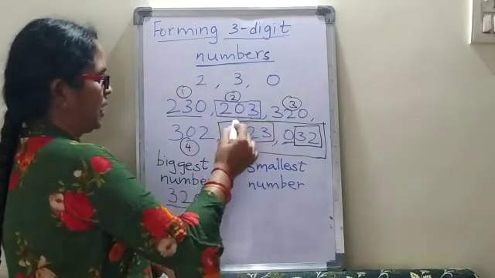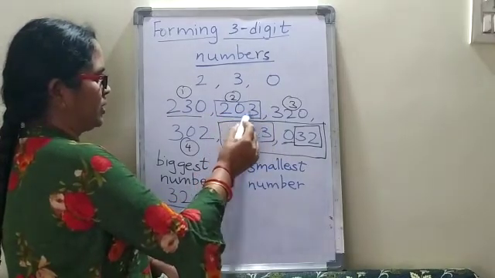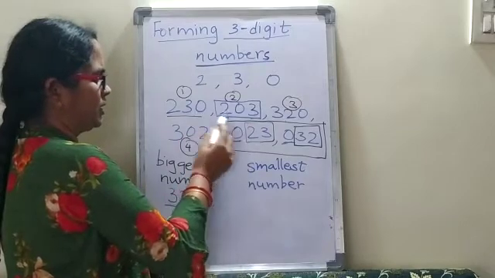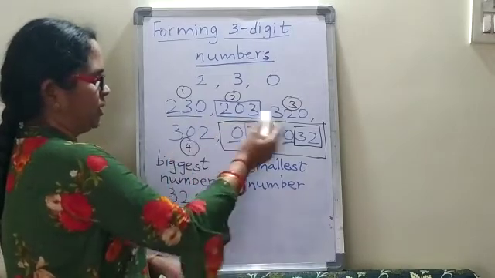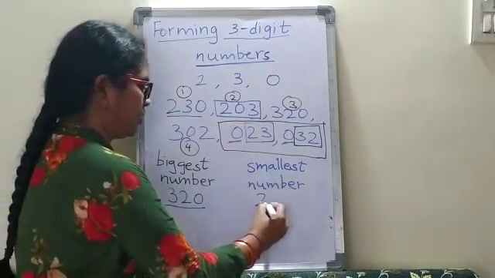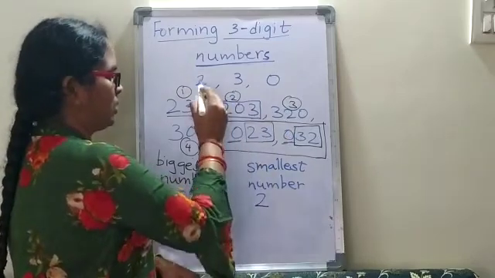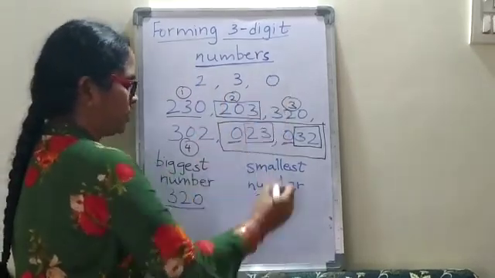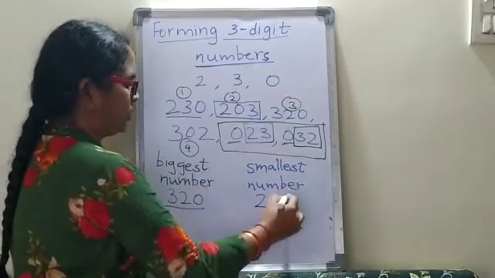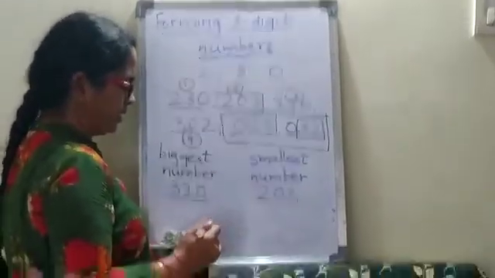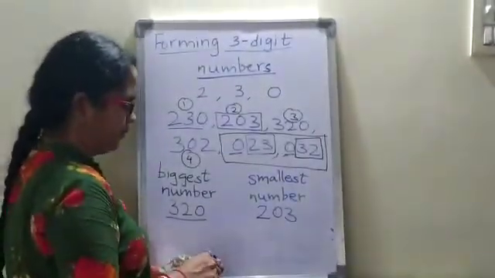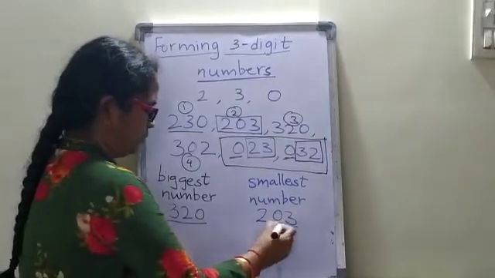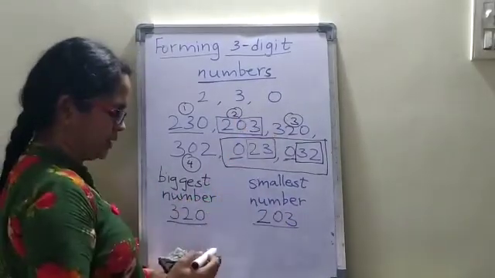See, it is starting with 2, then it is having 0 and 3. 203 is less than 230 and the other 2 numbers. So first write the second smallest number 2, then go for 0, then go for 3. So this will be the smallest number that can be formed using these 3 digits.